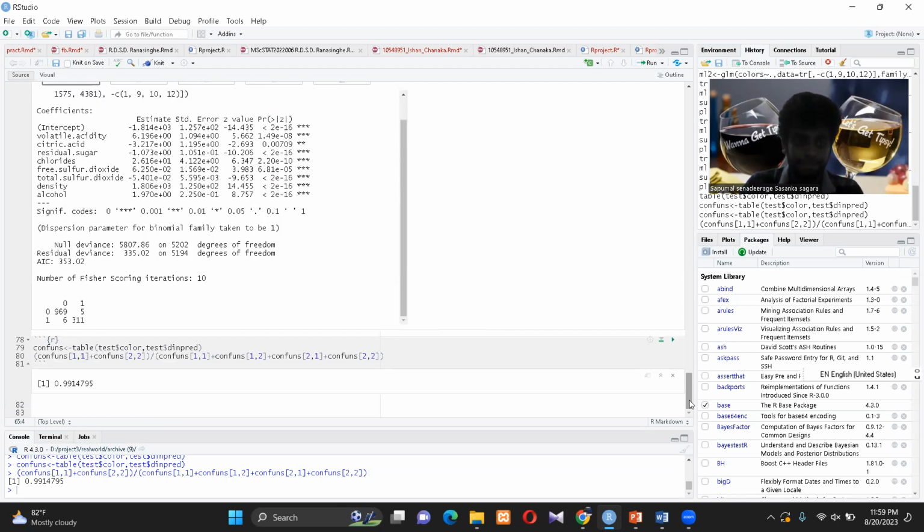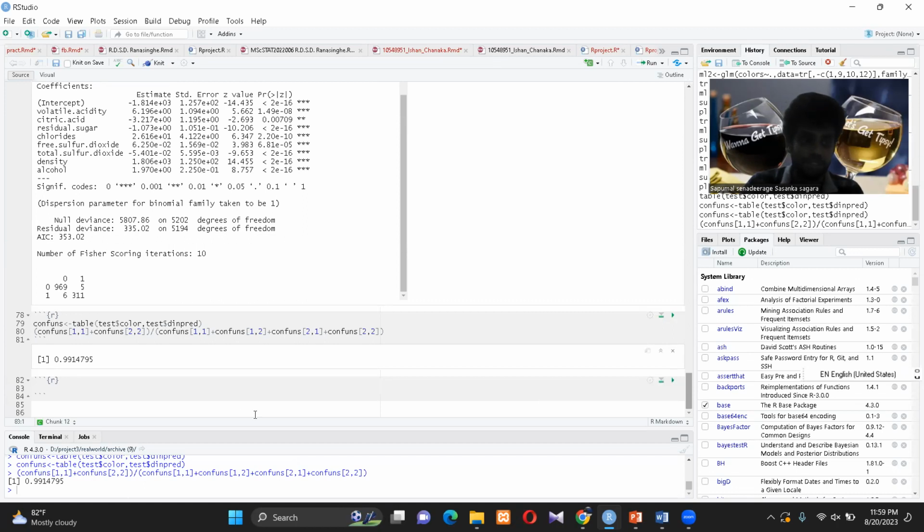So if you try to run this as logit p, you know, logit p means ln of odds, right? Ln of odds is given by beta naught, this one, plus this one times this one, right?